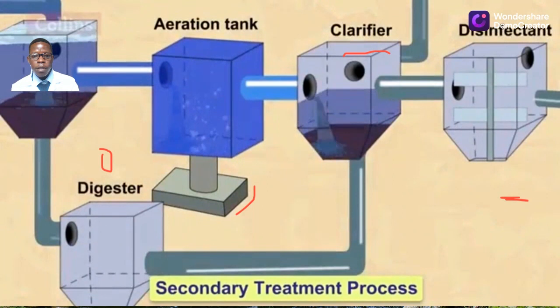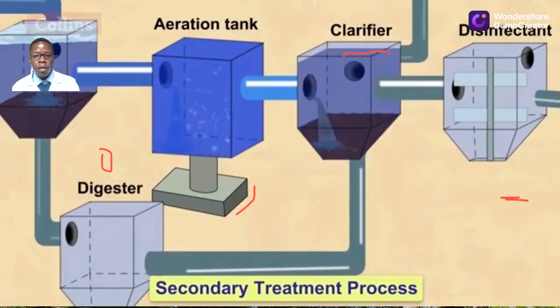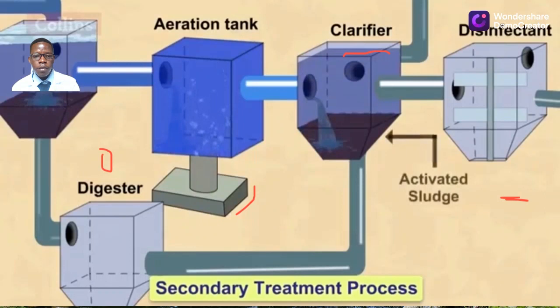The secondary clarifier is going to help us to settle down these particles of organic substances that have been created here, and they form the activated sludge. The activated sludge, why? Because the sludge that was formed in the secondary treatment was formed after the activation of the microorganisms with oxygen.